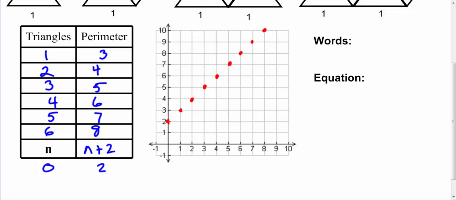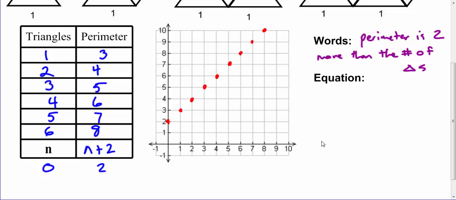Now they said to put this in words. So what we would say is something like the perimeter is 2 more than the number of triangles.